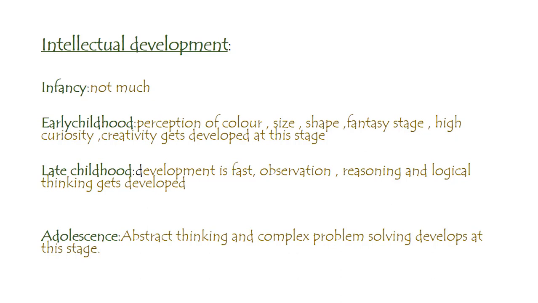The next is late childhood. Here the development is fast. Observation, thinking, logical thinking and reasoning all develop at this stage. And in adolescence, abstract thinking develops and the ability to solve complex problems also increases.